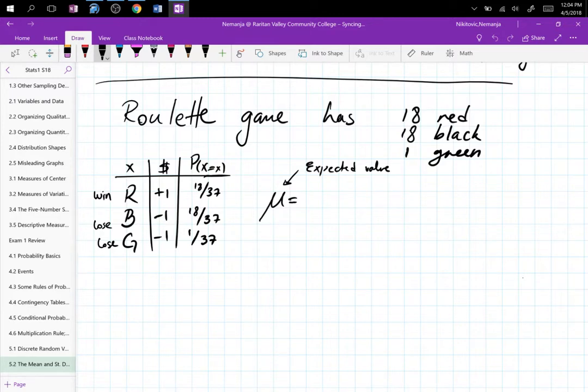So me winning +1 means that the casino lost $1. I can do this from either perspective, and I'm doing this from the perspective of a player. So I win $1, so that's +1 times 18/37, plus I lose $1 with 18/37, and another plus, I lose $1 with 1/37. And now you can calculate these odds.